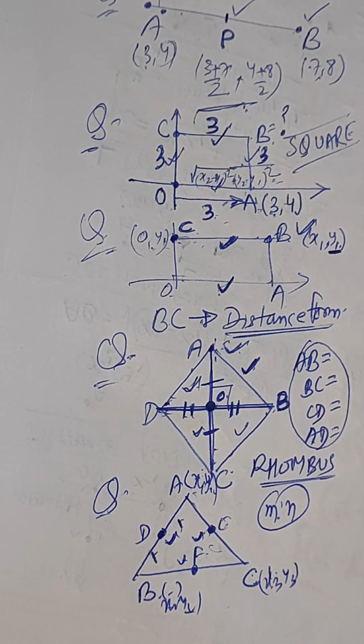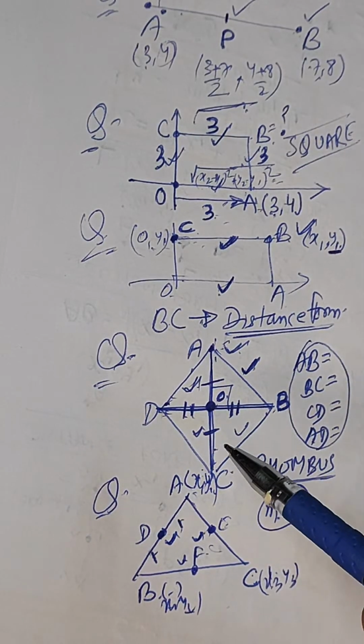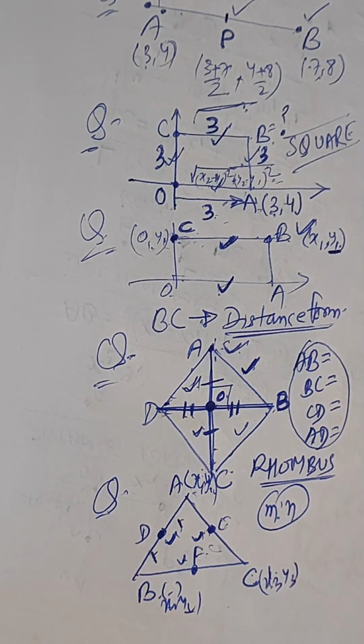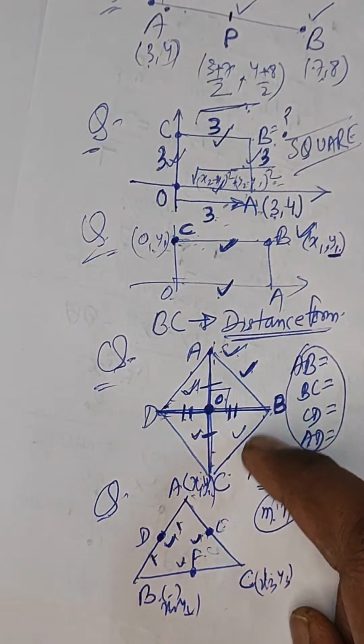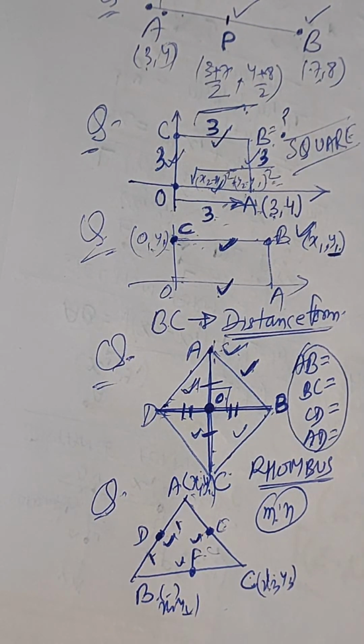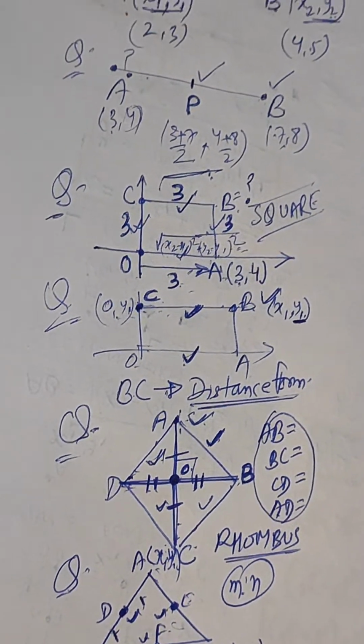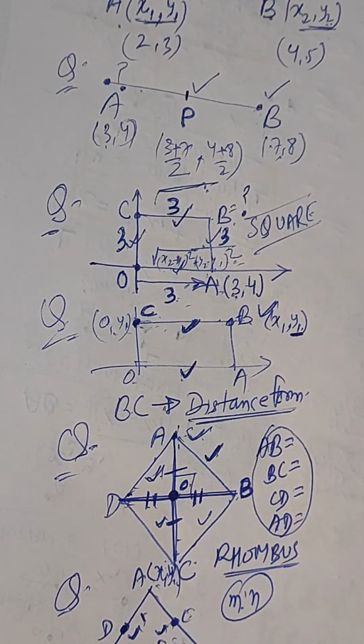Let me take a separate session on the pending parts, where we will see further applications of the section formula, the distance formula, and different geometrical shapes, how the coordinates can be found out for the rectangle, square, triangle, rhombus, trapezium, like that. Okay, so let us hold on. You can keep on with your practice, and in between we will come up and join again in the next session.